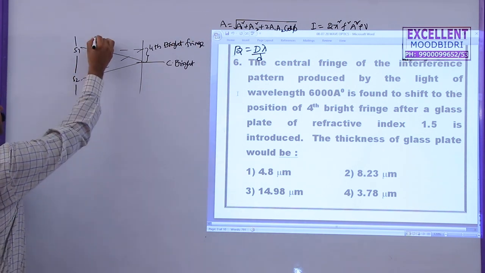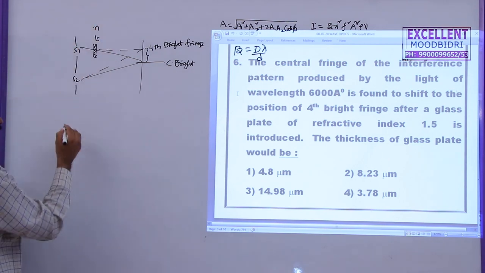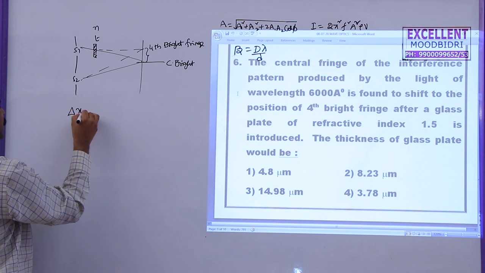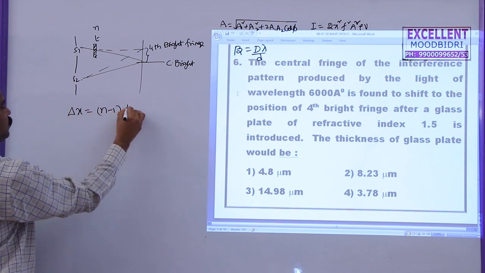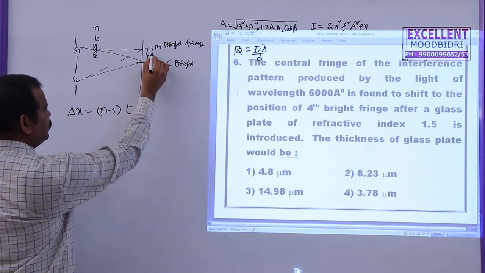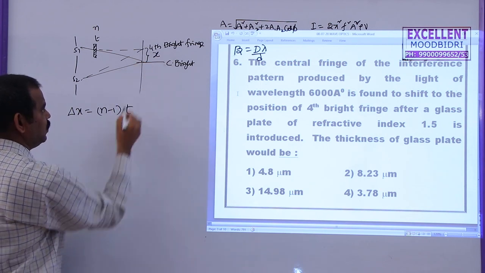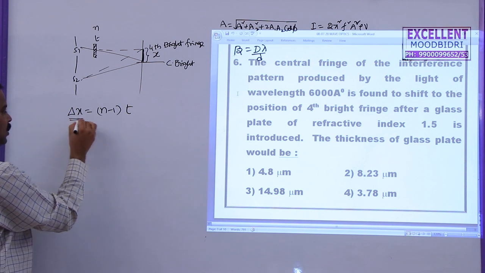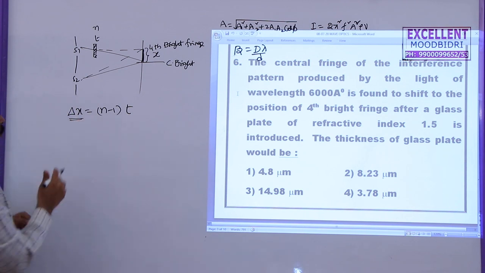Whenever a glass plate of thickness T and refractive index n is placed, the path difference obtained is given by n minus 1 into T. So here this is the shift in the position. This is the shift in the position of the interference pattern due to this path difference. So how to find path difference?